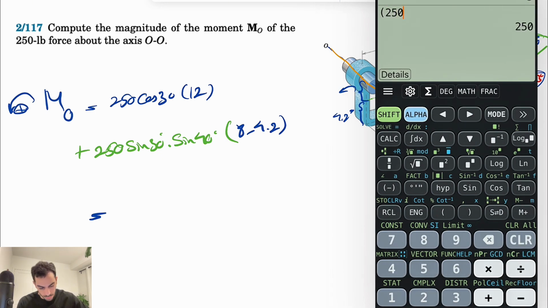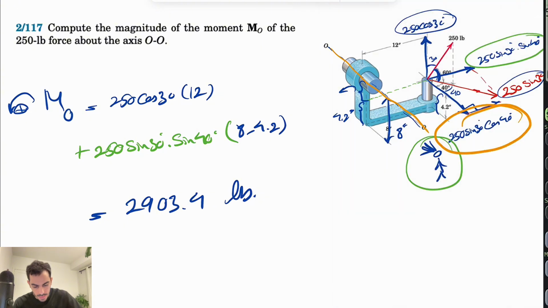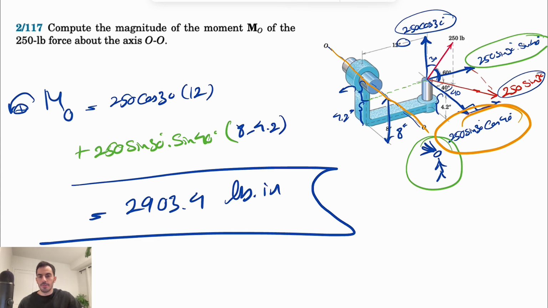So 250 times cosine of 30 times 12, plus 250 sine of 30 sine of 40 times 8 minus 4.4, and that's going to give us 2903.4 pound-inches. All the distances, since we have a double prime, are in inches. And that's going to be the final answer for this question.